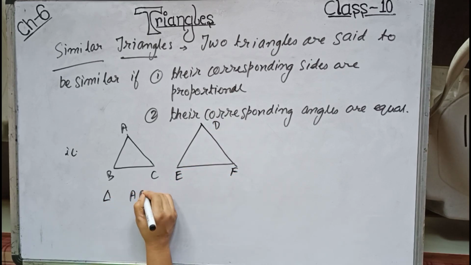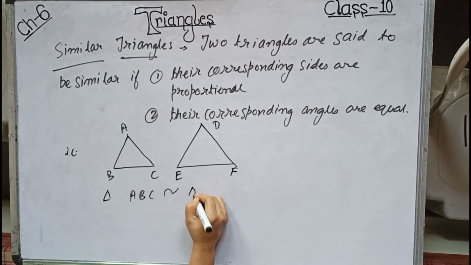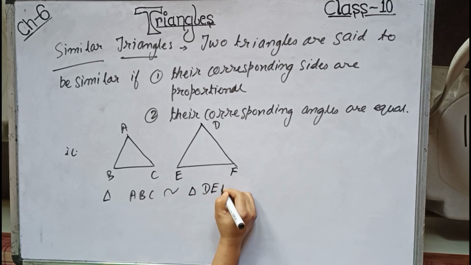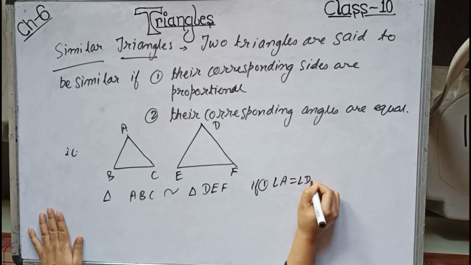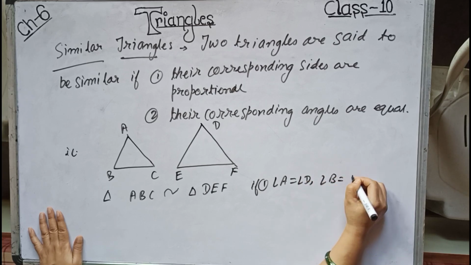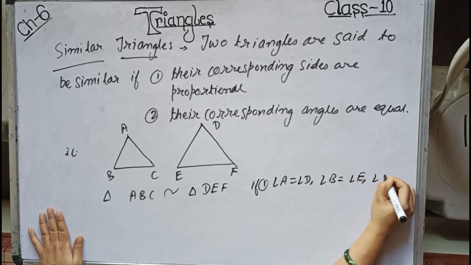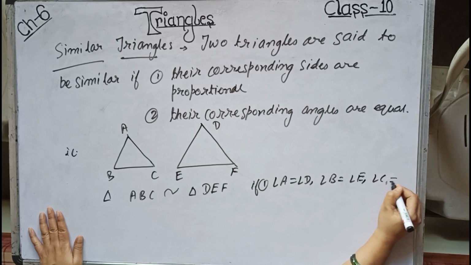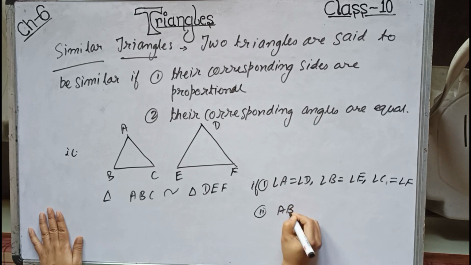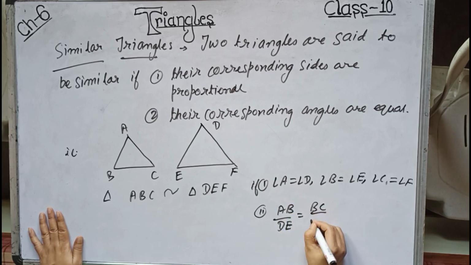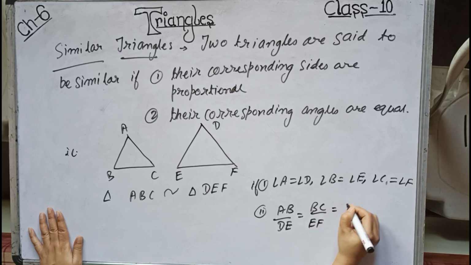Triangle ABC is similar to triangle DEF if number 1, angle A equals angle D, angle B equals angle E, and angle C equals angle F, and number 2, AB by DE equals BC by EF equals AC by DF.